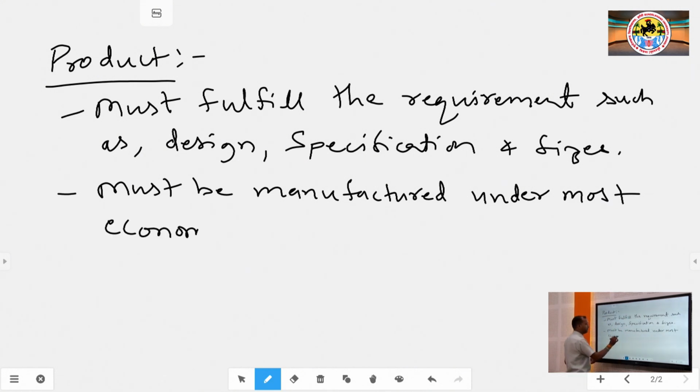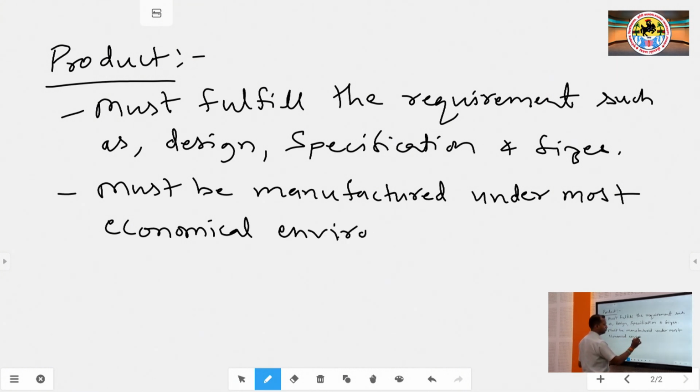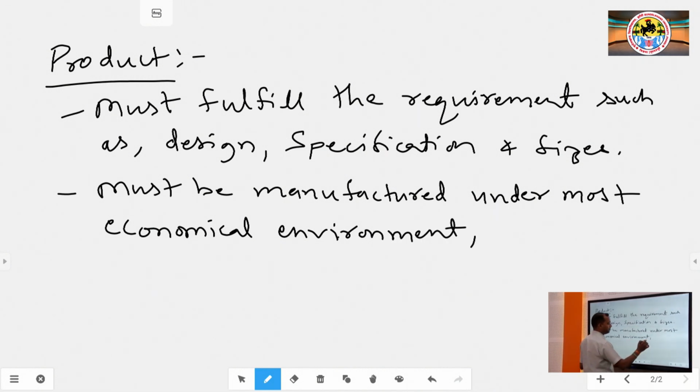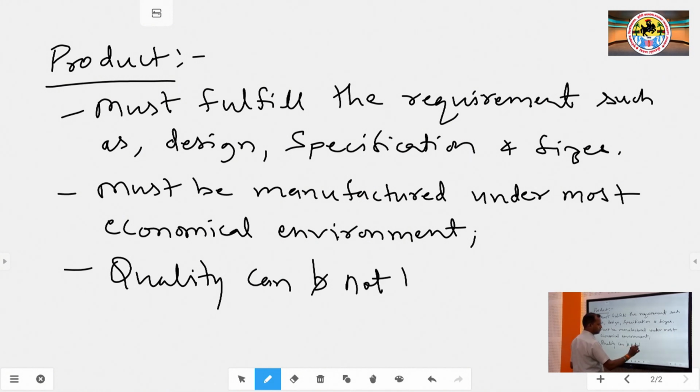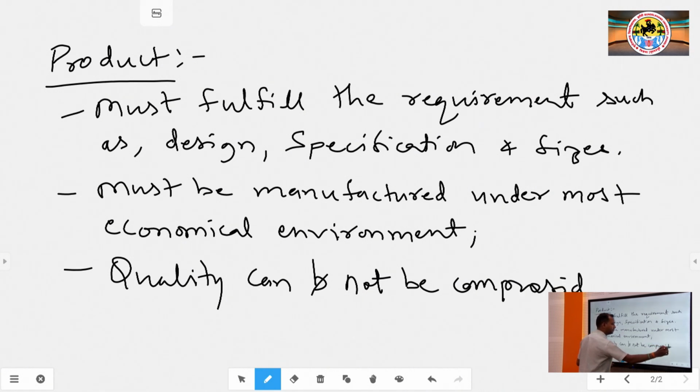In an economical environment, we have to apply less capital to get the raw material. Less capital means no misery. Similarly, quality cannot be compromised at any stage.